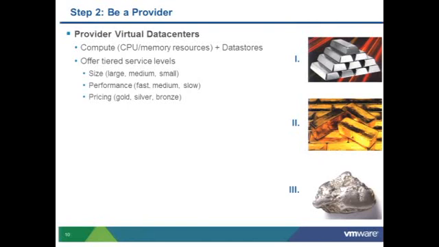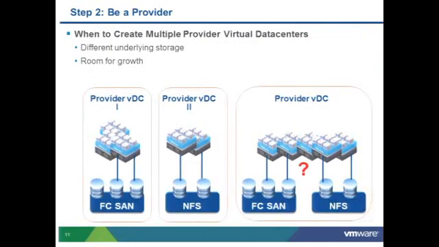So we could create one giant one, or we could create multiple provider virtual data centers. So when would we create multiple provider virtual data centers? One thing to keep in mind is that currently with vCloud Director, when we associate vSphere clusters with data stores, at this time there is no way to differentiate different types of storage within the same provider virtual data center.